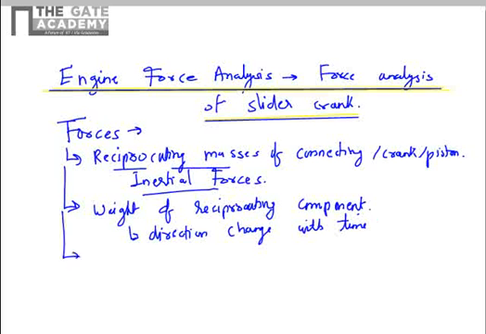And then force by gas in cylinder on piston. So in IC engine, the combustion leads to high pressure on the piston. In a compressor, the piston is transferring energy to the gas, but in both the cases, there are forces on the piston. These are various forces.